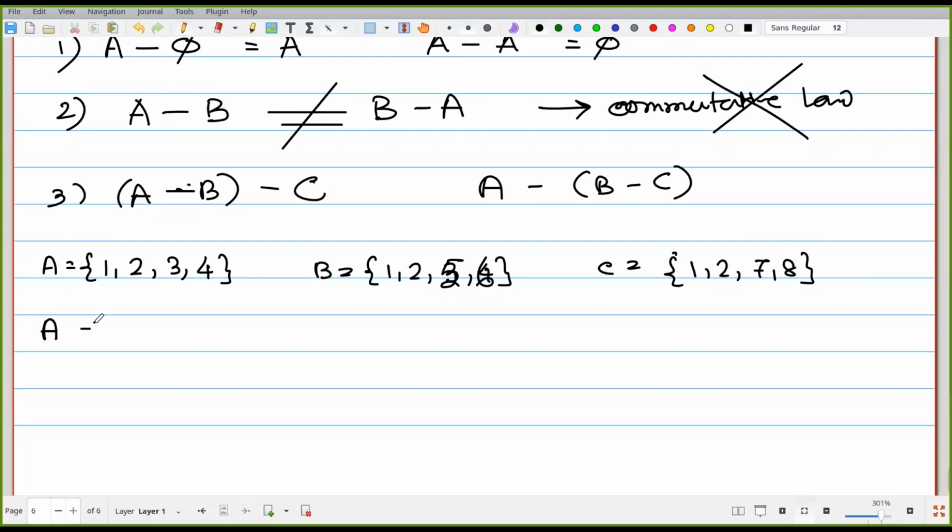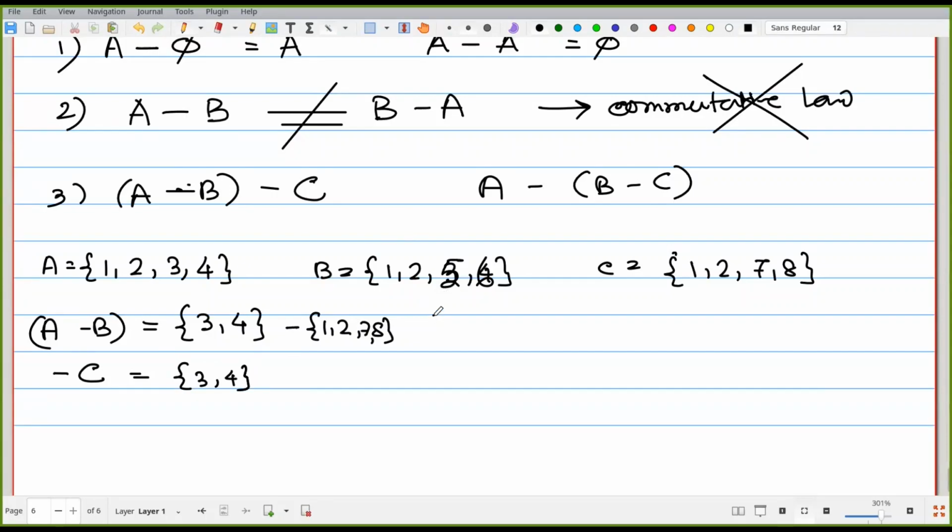Let's check at first A minus B. So A minus B means 1, 2 would be removed. So that is 3, 4. Then minus C with that. So that means 1, 2, 7, 8. So we are getting 3, 4.